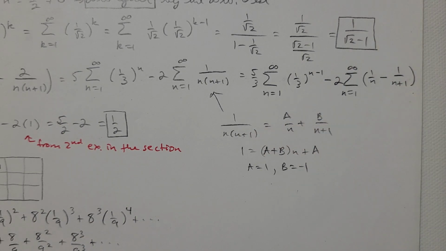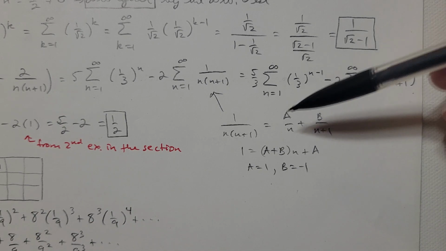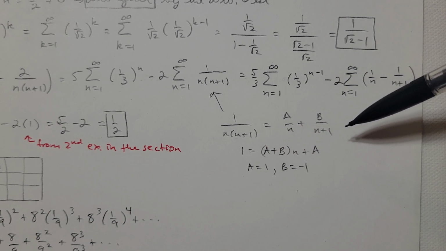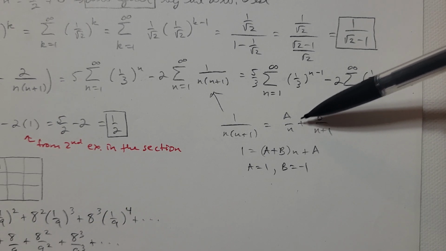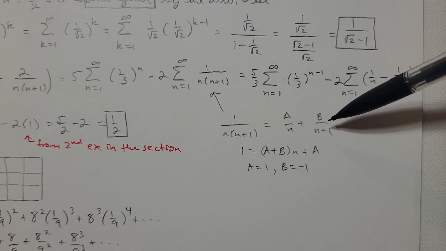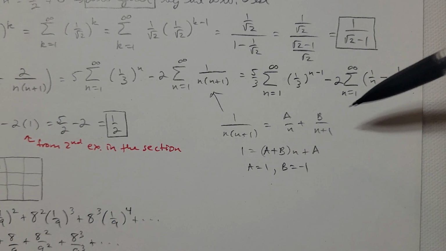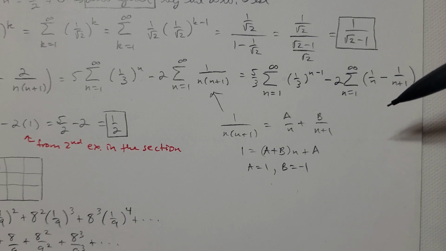I've got two linear factors there. So if I multiply through by n times (n plus 1), the n's will cancel in that first part, so I got A times (n plus 1), and the (n plus 1)'s cancel on that second part, so I got plus B times n. Or that'd be (A plus B) times n plus A equals 1.